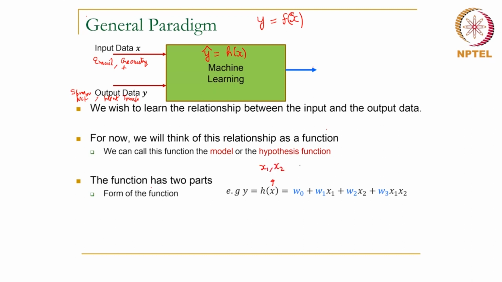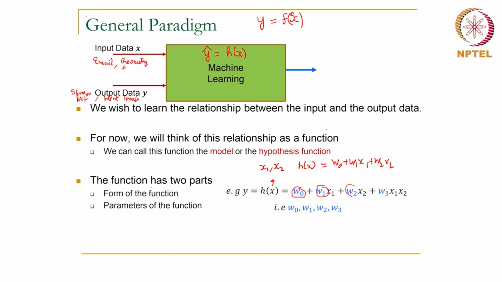I could say something like h of x is w0 + w1 x1 + w2 x2, and I have given another example, + w3 x1 x2. So this is an example of a form of a function. Another thing is the parameter of the function. What is meant by parameter? These things.